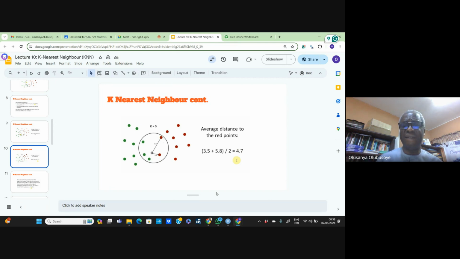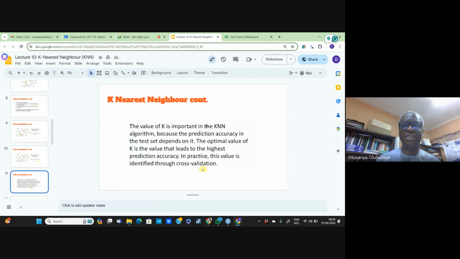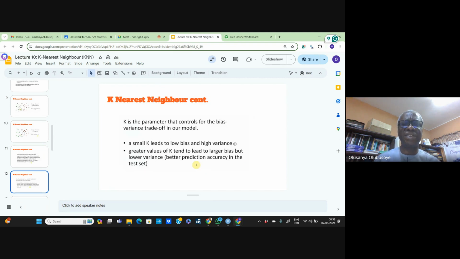So in practice, the value of K is identified through cross-validation. K is the parameter that controls the bias-variance trade-off in our model. A small K will lead to low bias and high variance.